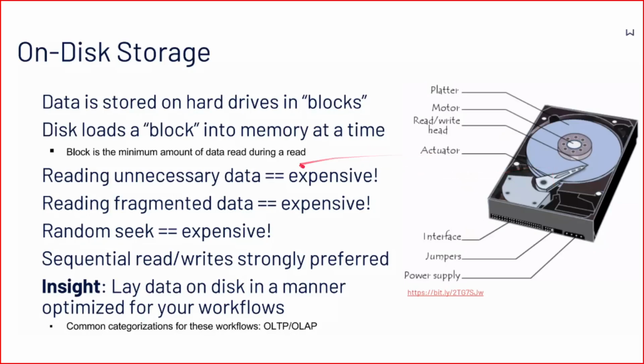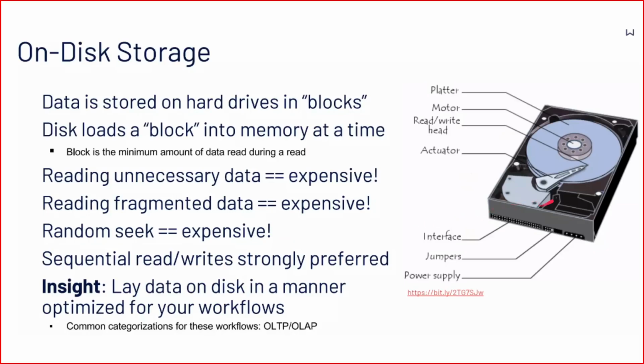This slide explains which operations are expensive. Sometimes reading unnecessary data is really expensive. Reading fragmented data is also expensive, because every small fragment has to be collected before the entire data can be read.